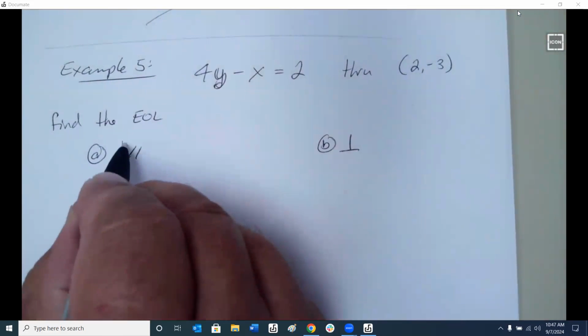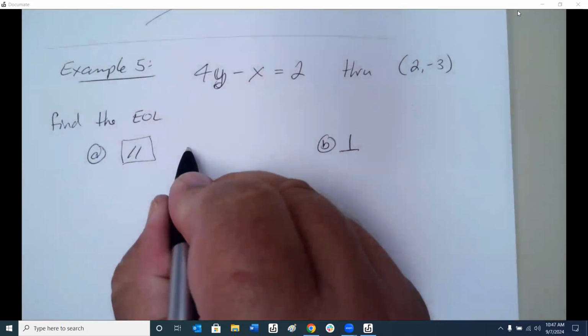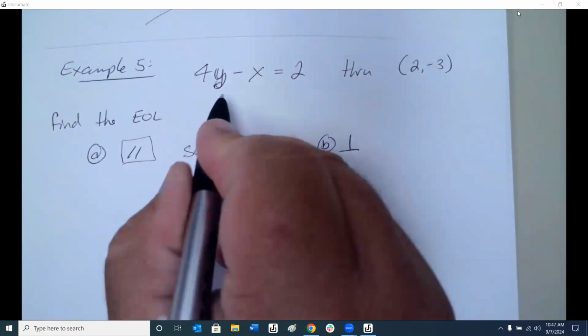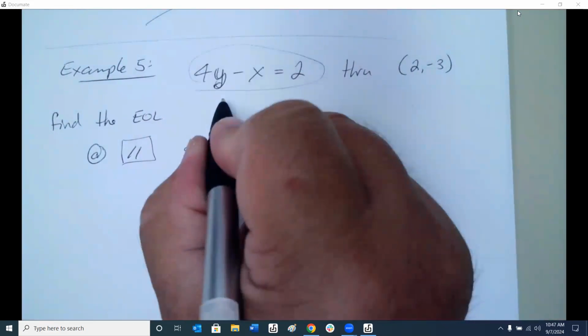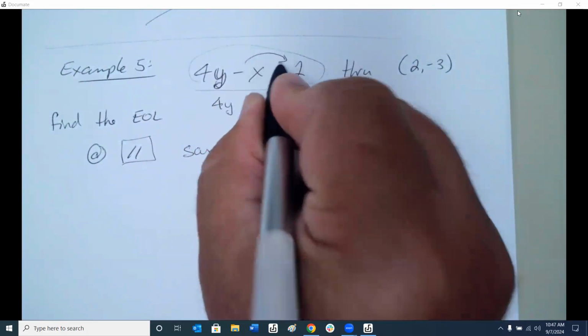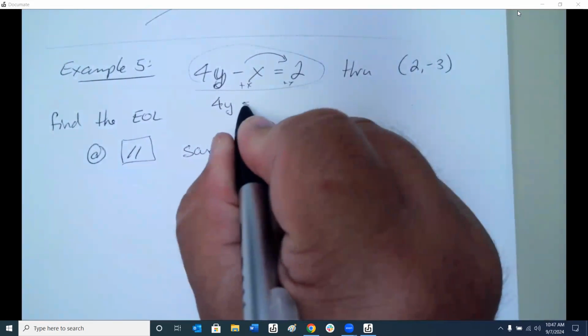Okay, if this one has to be parallel, what do we have to have? Same slope. So we have to find the slope of this line. So we have 4y, move the x over. So we add x to both sides.